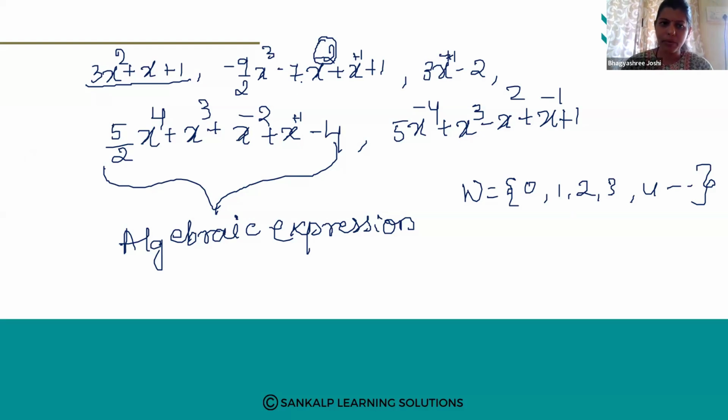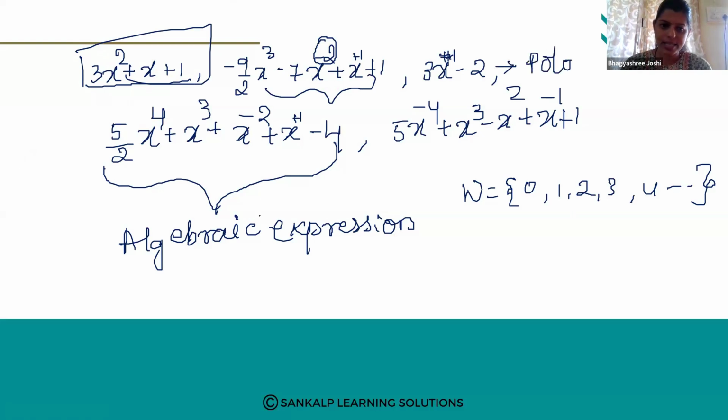So in these examples, this one is a polynomial and this is an algebraic expression. In an algebraic expression, it has all types of exponents. But in polynomials, there are no decimals, no fractions, and no negative numbers. It has only positive numbers. This is also a polynomial, right?